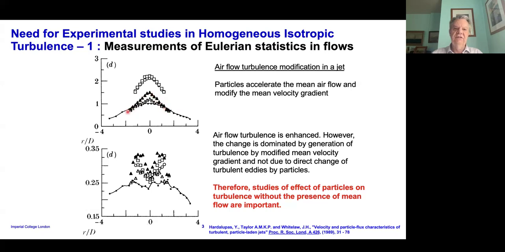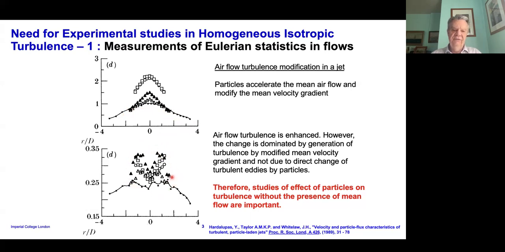The continuous line is the clean jet, no particles, and the open points are the particles, which move faster than the gas flow. You see how the gas flow has been accelerated, because the particles have increased the airflow velocity through momentum exchange.